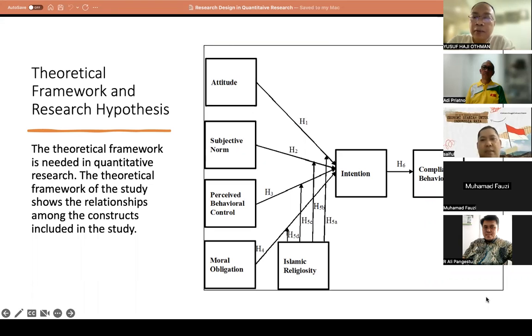The thing is, if you use quantitative, the respondents are basically the general public. For example, in the case of zakat compliance, we don't distribute to experts, just to the general public. But in the case of an integrated management system, you cannot distribute the questionnaires to the public.